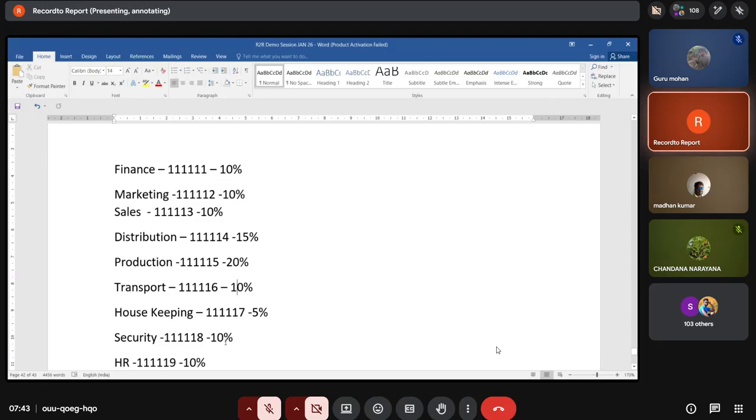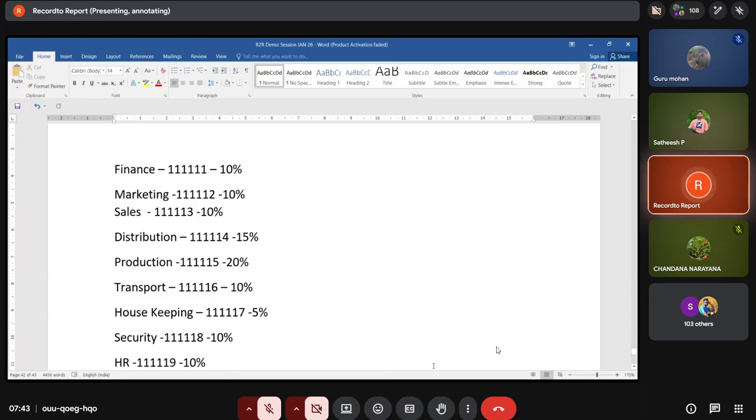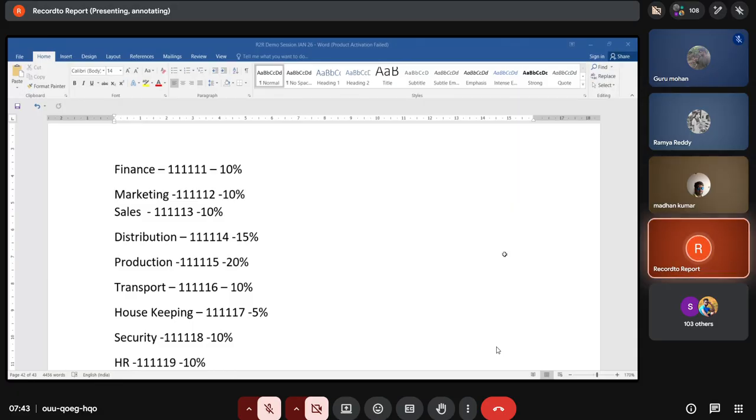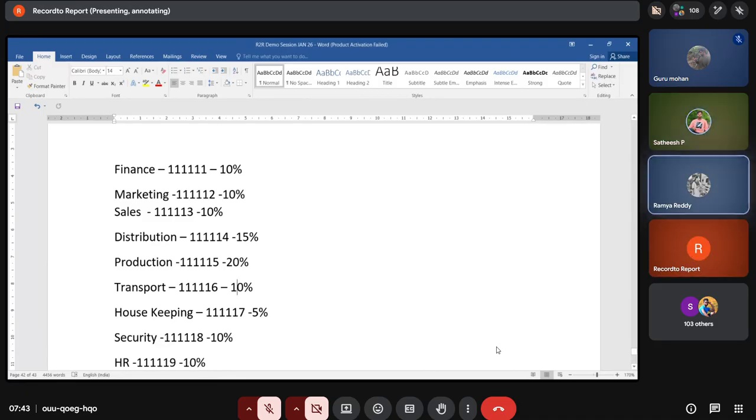114 is 15%, distribution. 115 is out of 1 lakh. So if it is 10% for finance, how much? 10,000. The next department is 10,000, and for the next distribution department, how much did we give? 15,000.